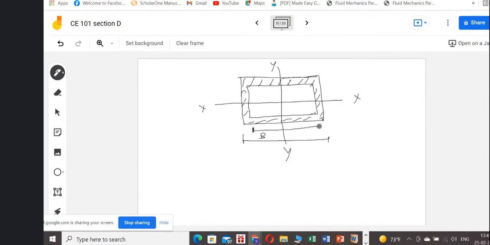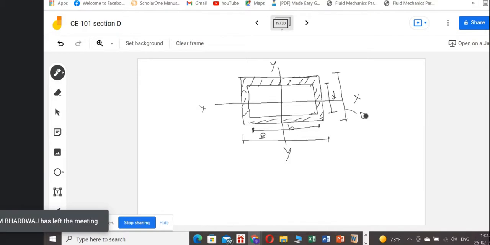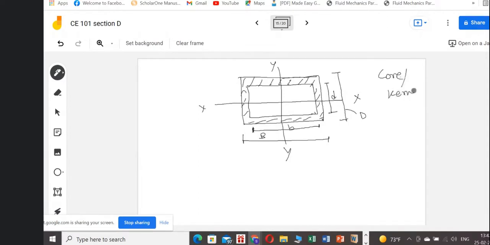This portion is small b, this small one is d, and this is capital D. So what will be the e value for the kernel?